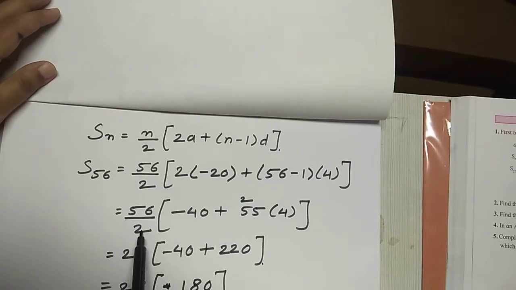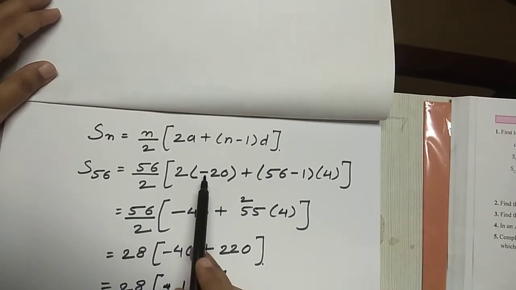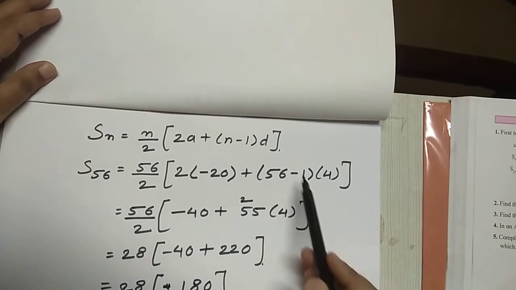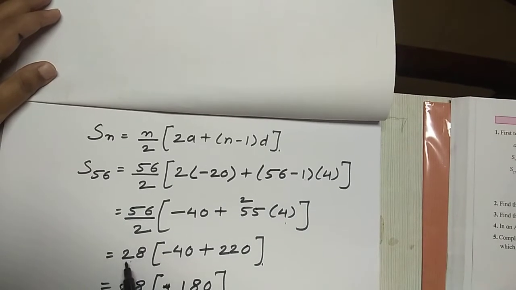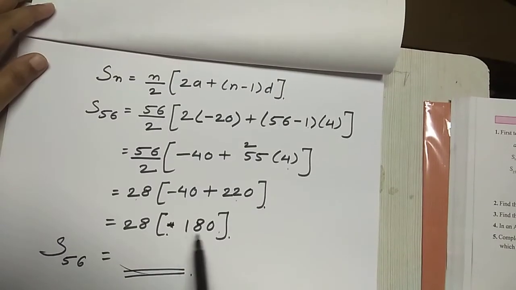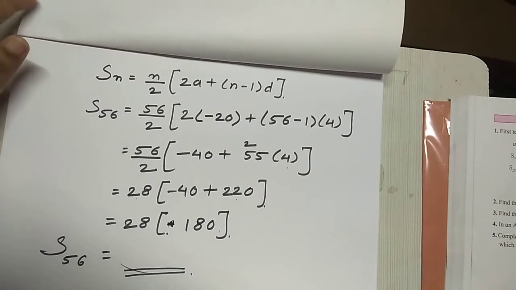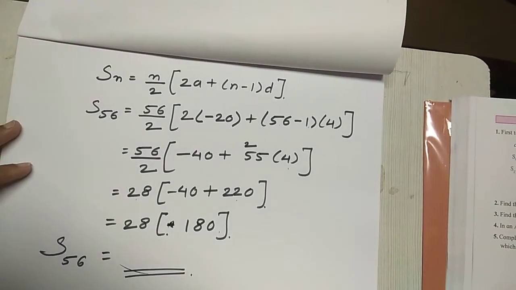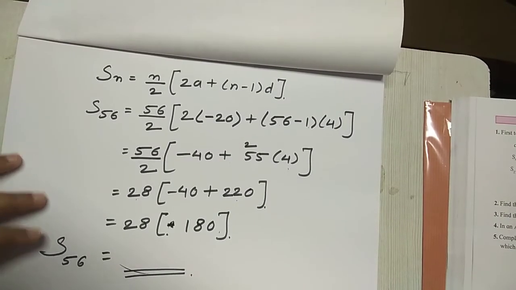That is 56 upon 2, minus 40 plus 55 into 4, that is 28 when you cancel 2 and 56, minus 40 plus 55 and 4 is 220. When we solve it further, it becomes 28 into 180 and the final answer you will get when you multiply 28 and 180. Okay, now let's proceed for the next sum.